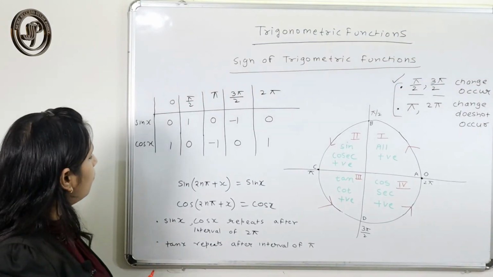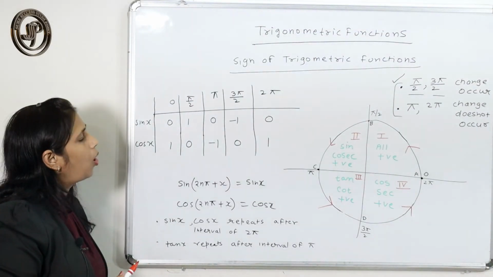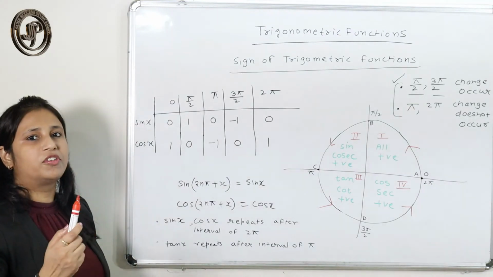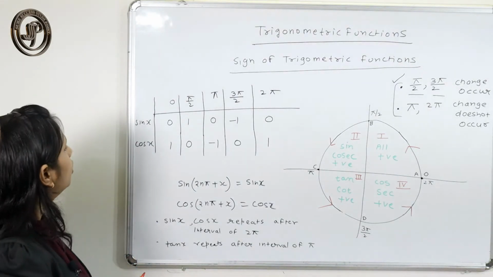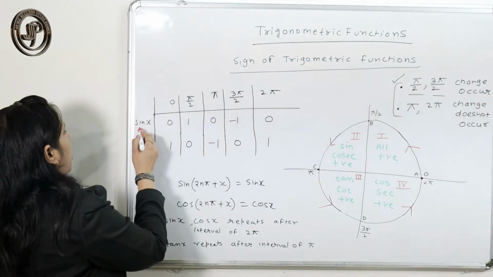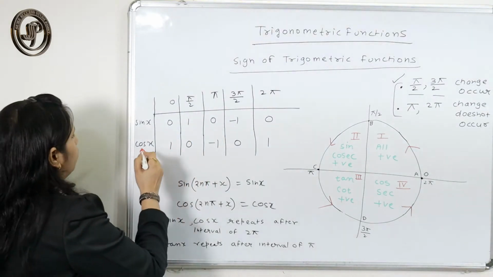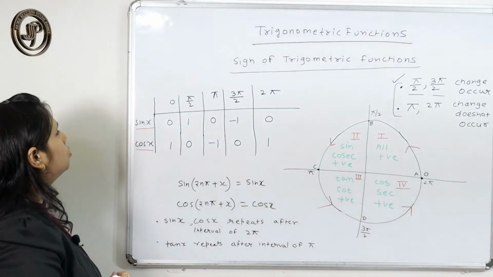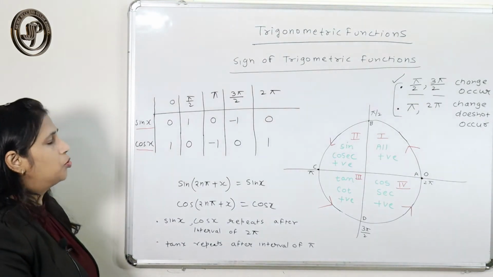Now the important thing is how the trigonometric function varies after a fixed interval, that is 2 pi. Here you will see I have drawn the various angles for the sine function and the cosine function, where x is 0, pi by 2, pi, 3 pi by 2, 2 pi.